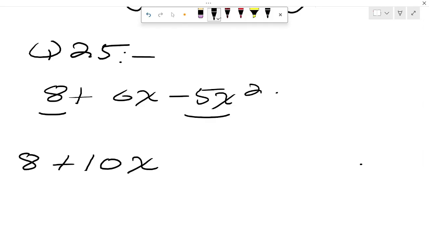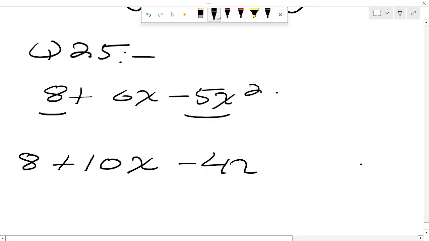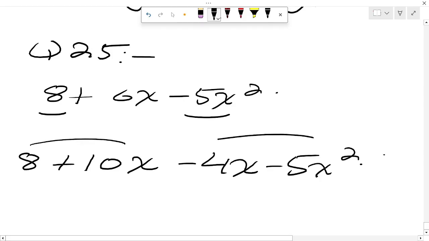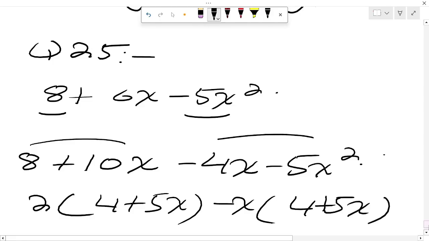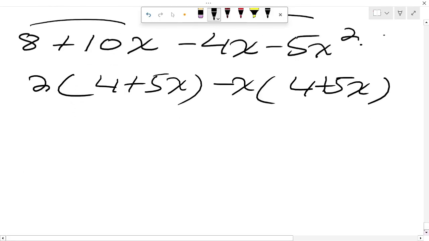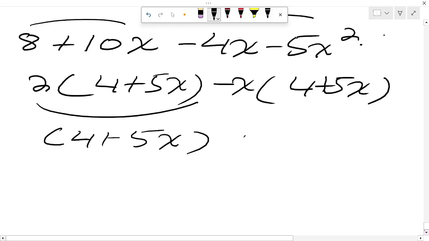So I'll write 8 plus 10x minus 4x minus 5x squared. With these factors, I'll just take a common, so 8, that's the common 2, so 2 4s are 8 plus 5x, and then the common between these two is negative x, so I'll just take that. 4 plus 5x. After that 4 plus 5x, and the second factor will be 2 minus x. So this is our final answer.